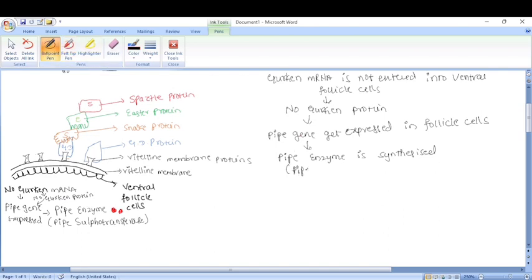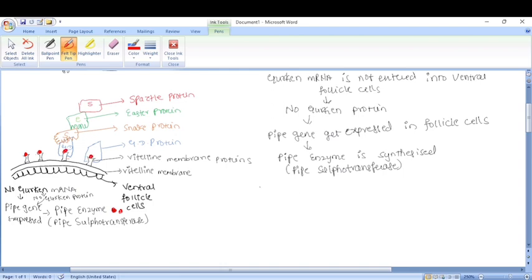Pipe sulfotransferase enzyme. As the name suggests, this pipe enzyme will sulfonate the vitelline membrane proteins. See here, this pipe enzyme will sulfonate the vitelline membrane proteins. Here are the vitelline membrane proteins.